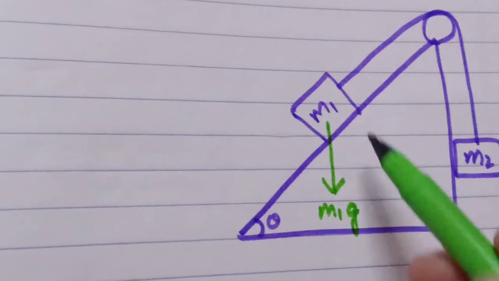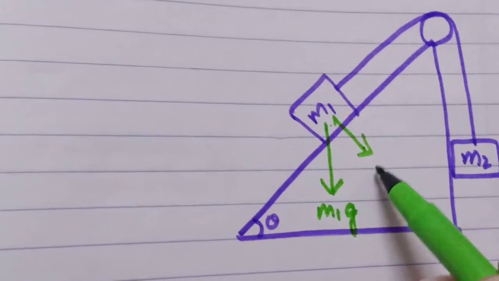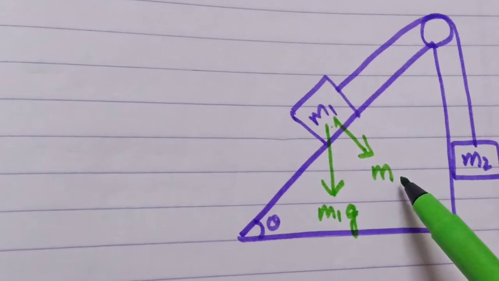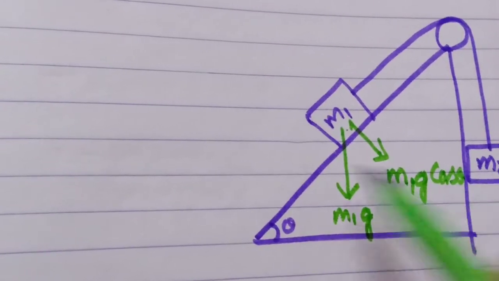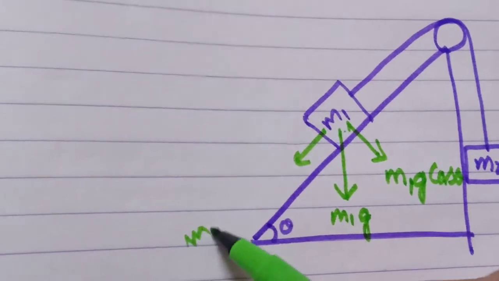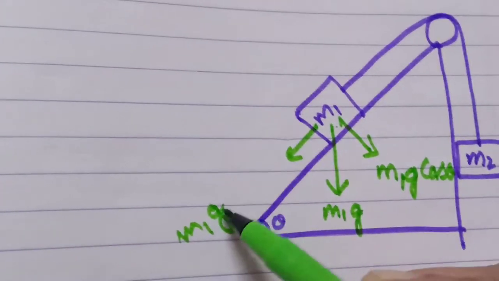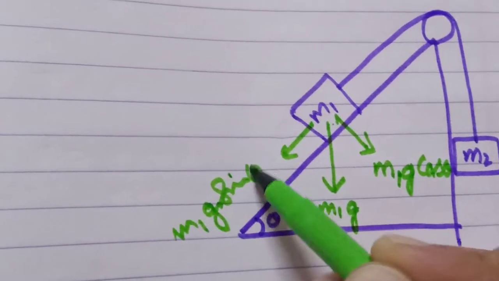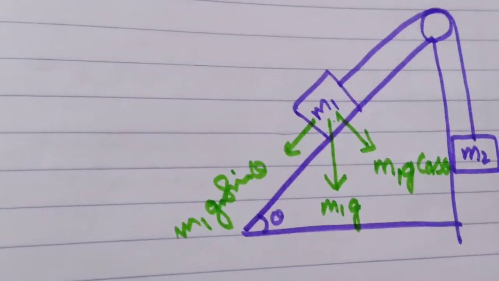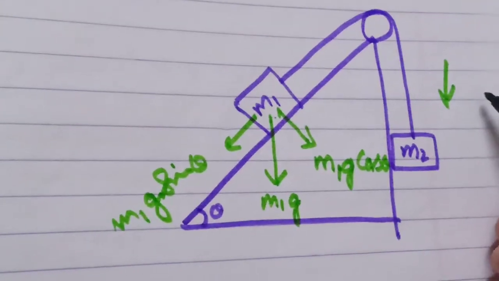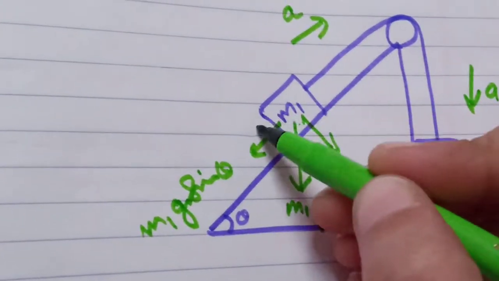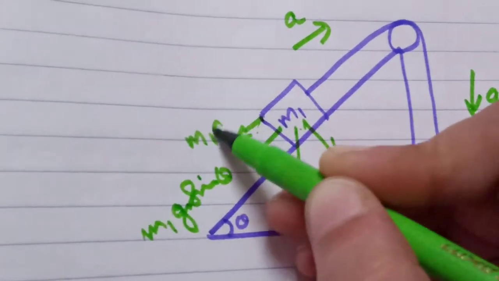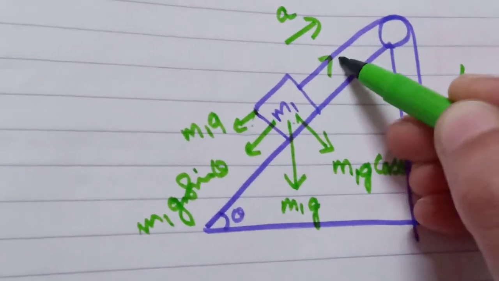This is m1g, m1g cos theta, m1g sin theta. Because the acceleration is downward, m1a is also there. This is the T.